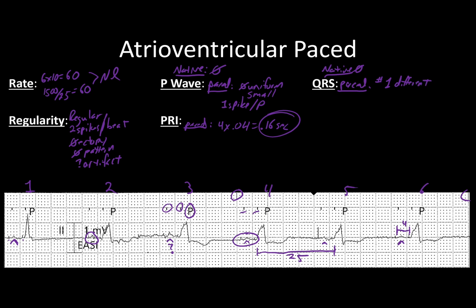But again, you've got the pacer spike right before it, and the rest of them are all uniform. And they have what looks to be an R prime S pattern to them. They are wide and tall.